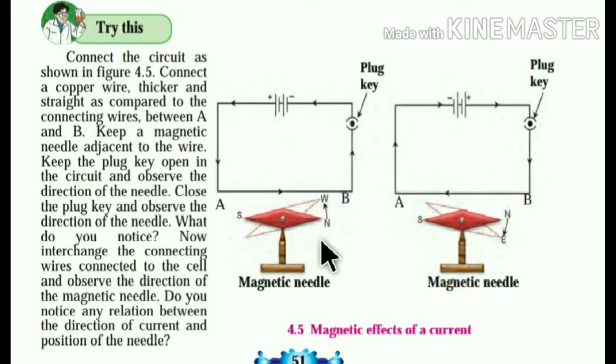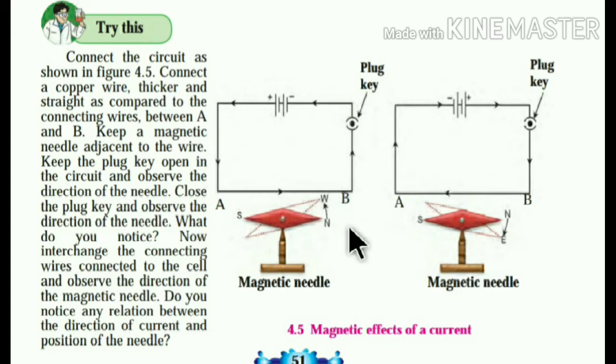Keep a magnetic needle adjacent to the wire. Keep the plug key open in the circuit and observe the direction of the needle. When you open this plug key there is a disconnection in the circuit and current does not flow.